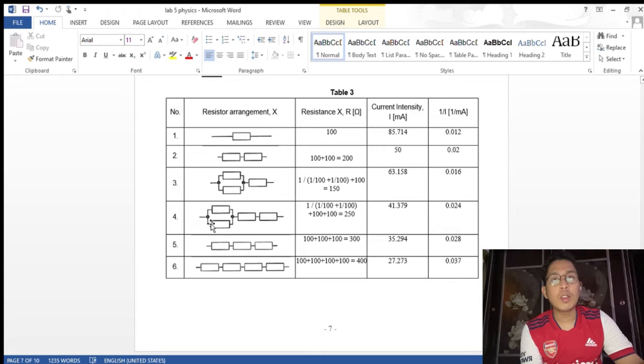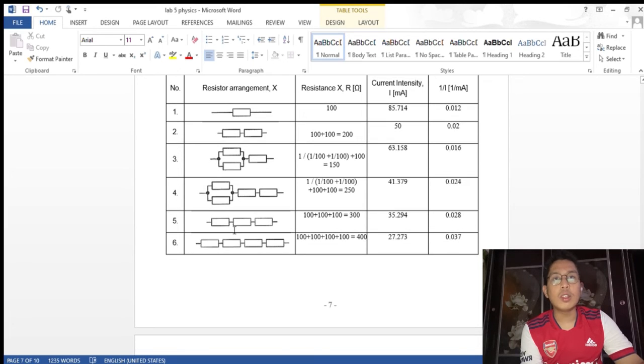The next one, for the two parallel resistor and two series resistor combination, the total resistance is 250 ohm, and the current intensity measured is 41.379 milliampere, and 1 over current intensity is 0.024 milliampere.